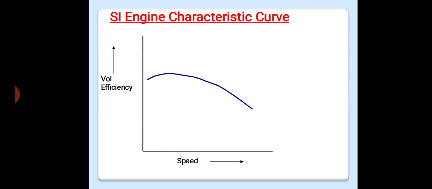The variation of volumetric efficiency with speed: the volumetric efficiency reduces with the increase in speed because of drop in pressure at suction caused by increase in velocity of charge in the induction.